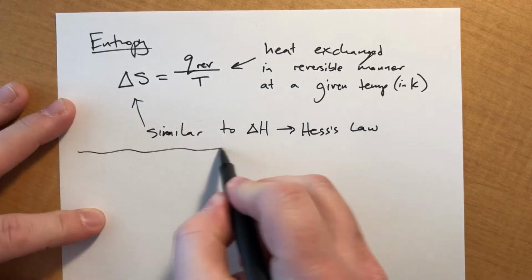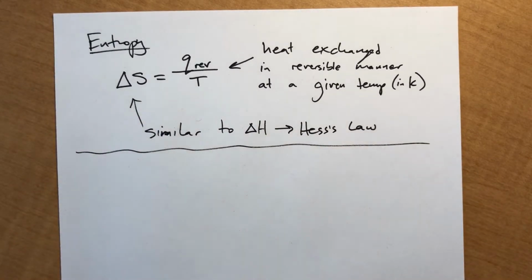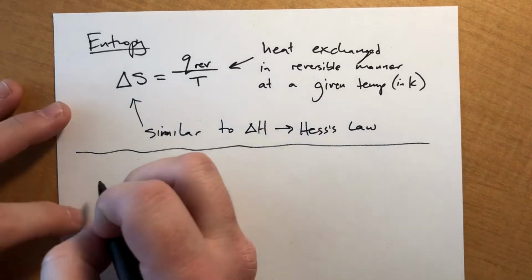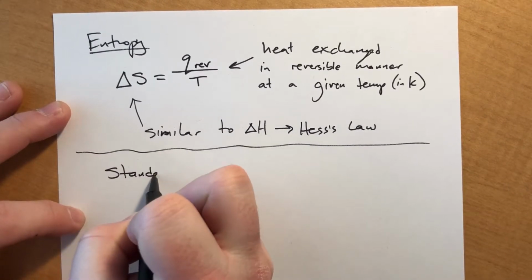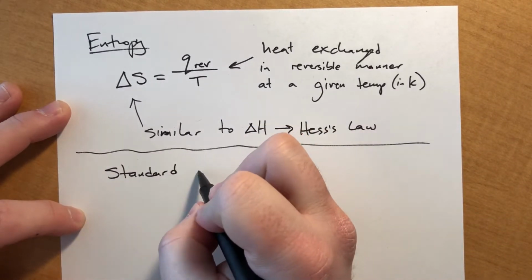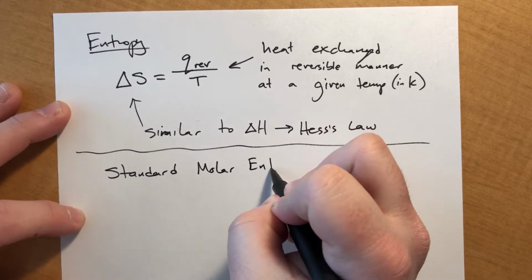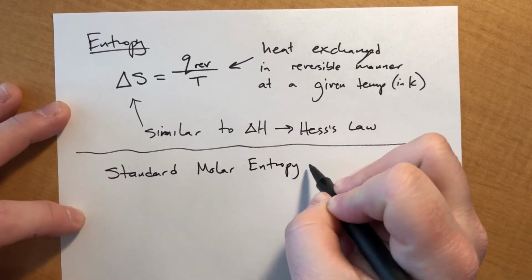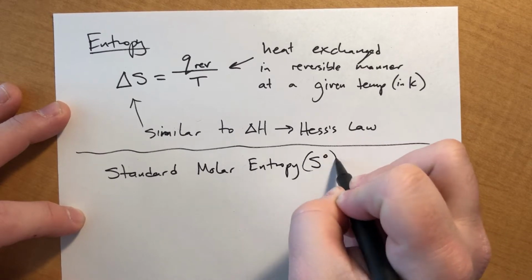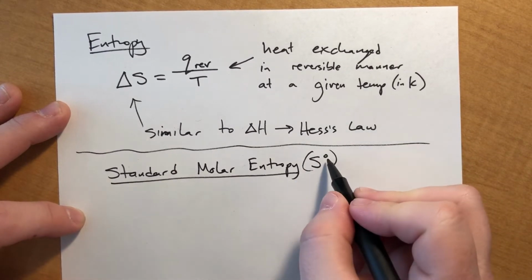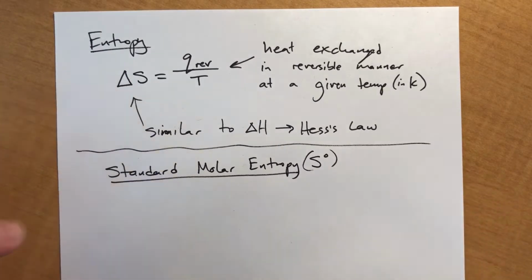Okay. One way to calculate entropy is to do something called standard molar entropy. It's really similar to something we saw for delta H, but that's okay. It's abbreviated as an S with this little degree sign. This degree sign just means that it's happening at standard conditions.